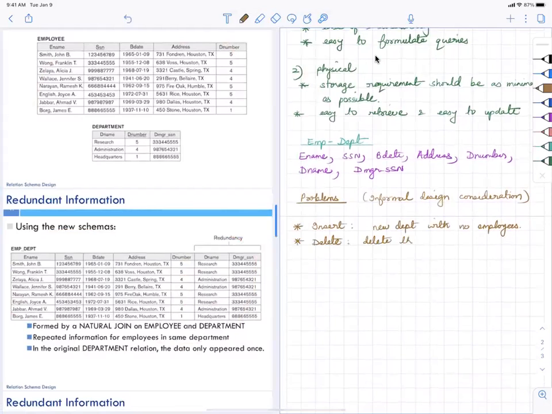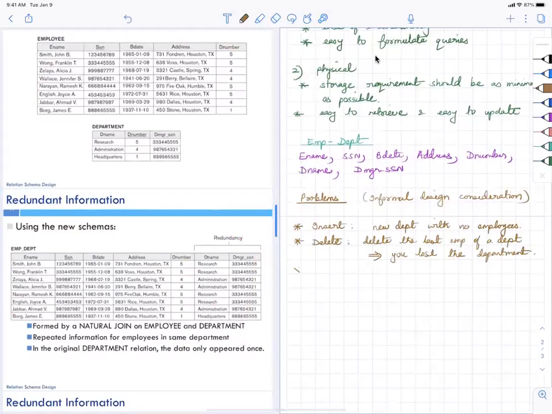If you delete the last employee of a department, you lose the department. That's again not something you want.